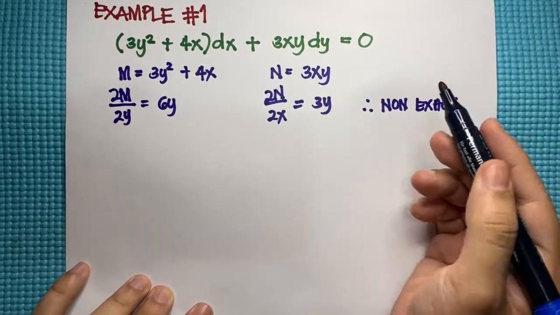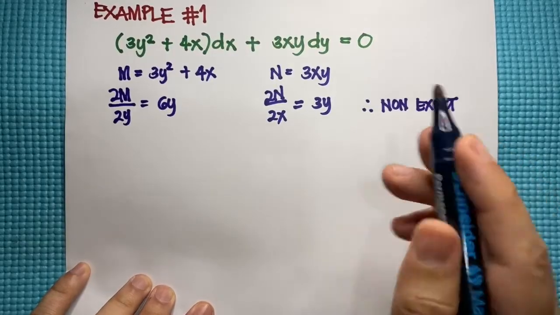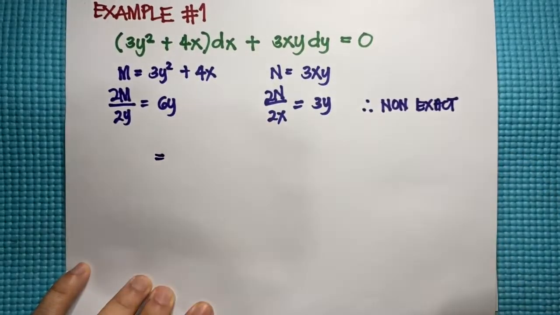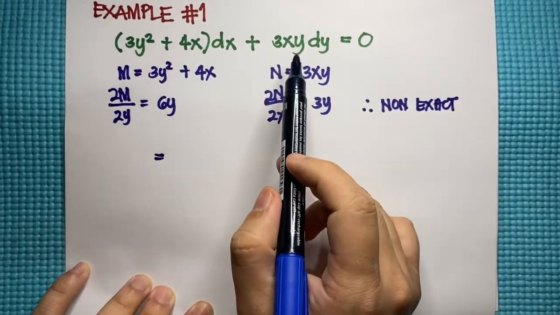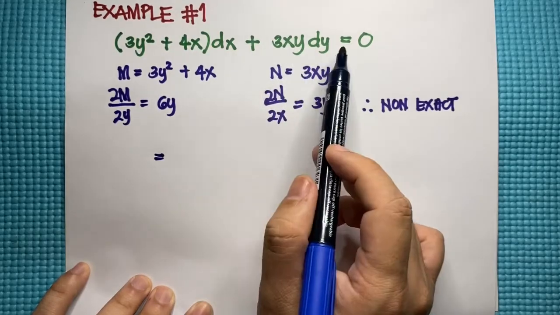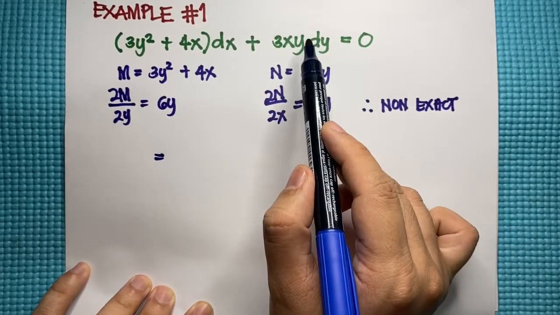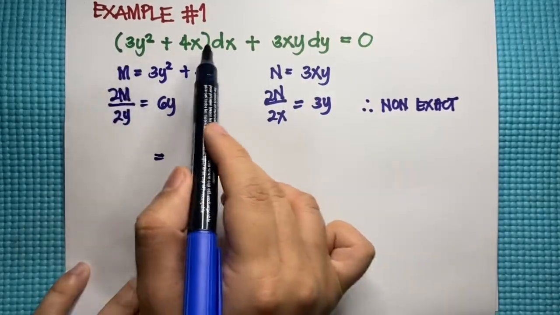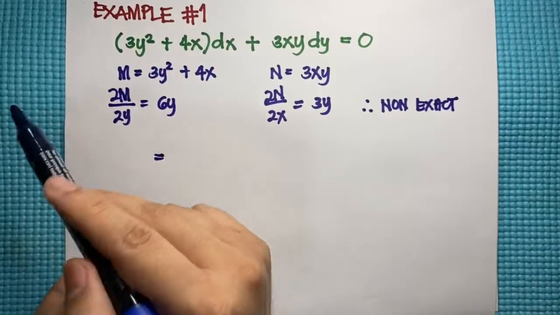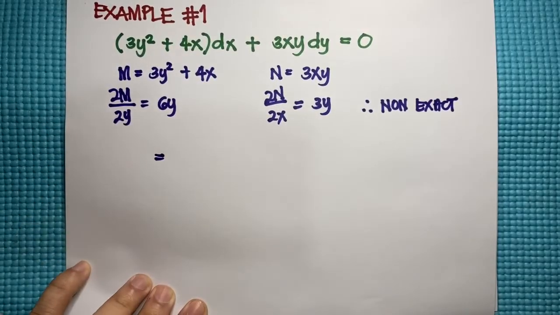Let's take a look at our partial derivatives. Definitely it's not case 3. Although N here is multiplied with x, the function M here is not multiplied with y, so it is not case 3. So it's either case 1 or case 2.